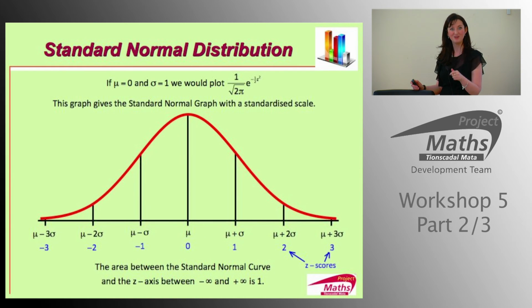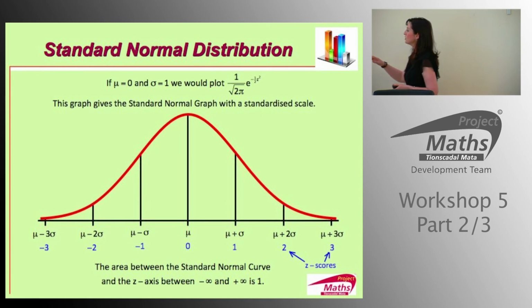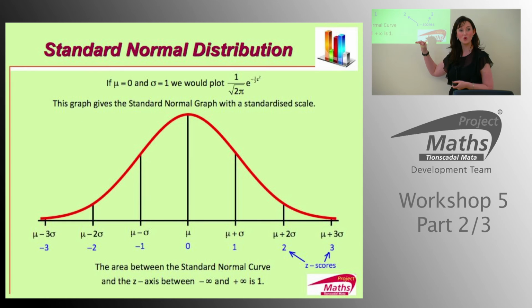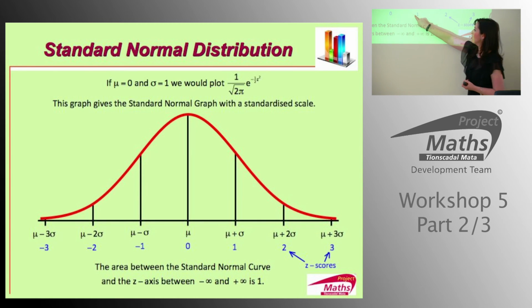Yeah, 1. Perfect. So we have a standardized normal distribution with the area underneath is 1, and what we do is we get what they're called our z-scores, isn't that right? And a z-score just tells me how unusual a piece of data is. So if I have a z-score of 1, I know that I'm just 1 standard deviation away from the mean.